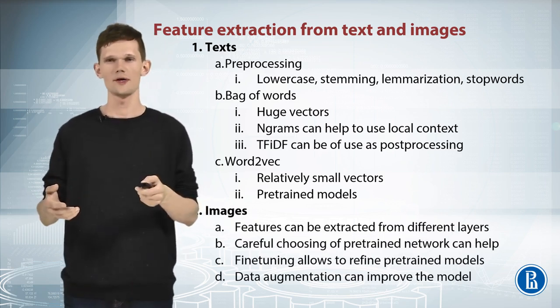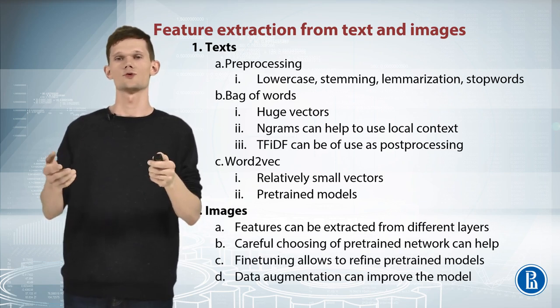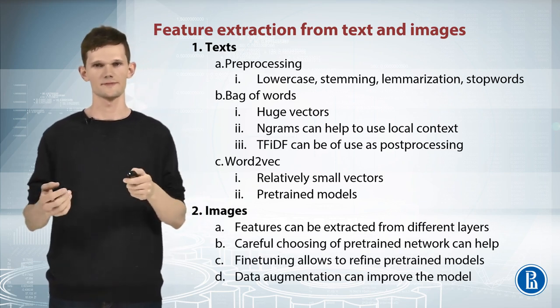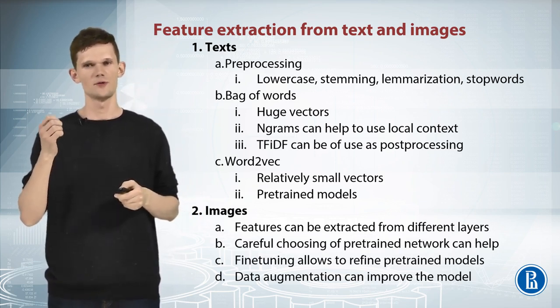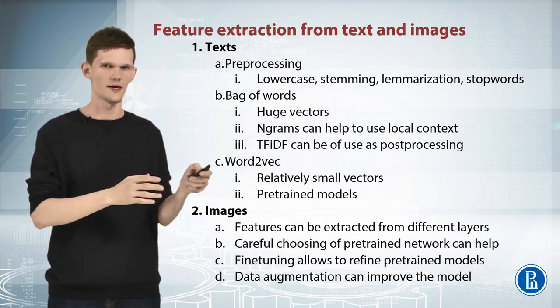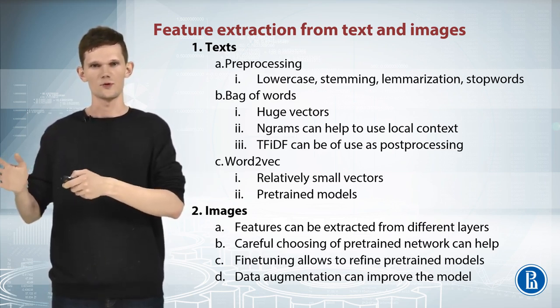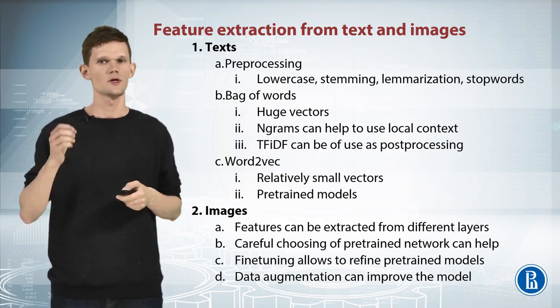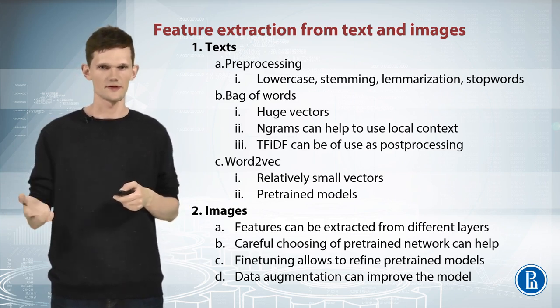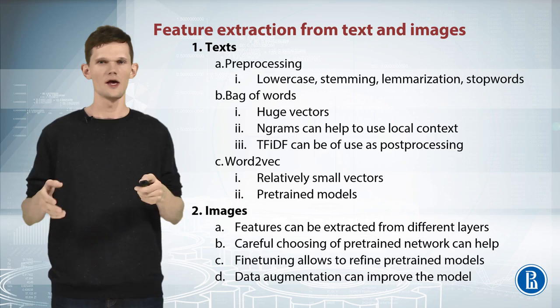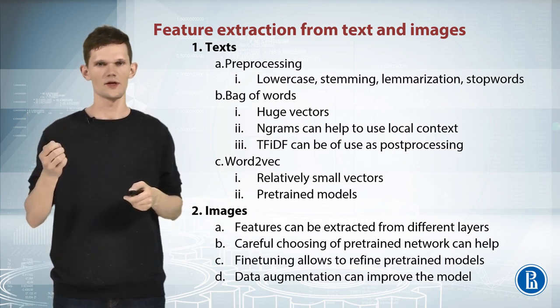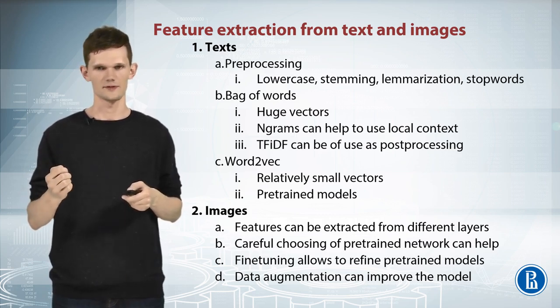For images, we can use pre-trained convolutional neural networks to extract features. Depending on the similarity between the competition data and the data the network was trained on, we may want to calculate descriptors from different layers. Often, fine-tuning of a neural network can help improve the quality of the descriptors.